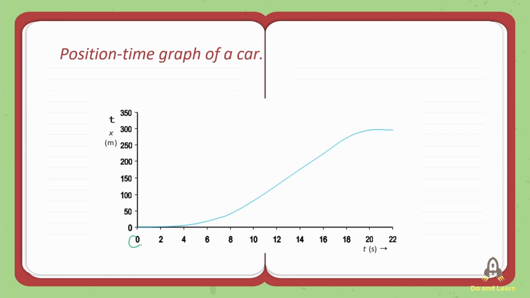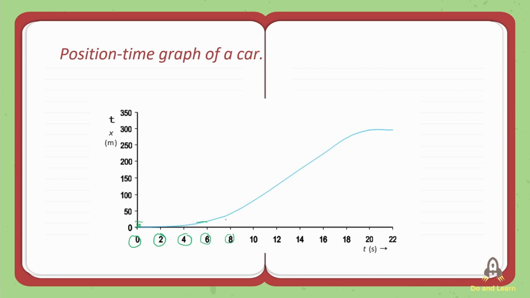Look at this. At 0 second, the object is at rest. At 2 seconds, the object is at rest only, slowly started. At 4 seconds, it is covering some small distance, maybe 5 meter. At 6 seconds, the object is covering some distance, around 20.